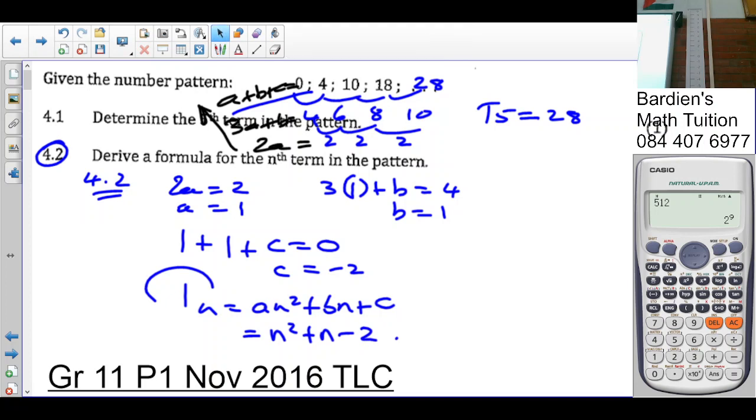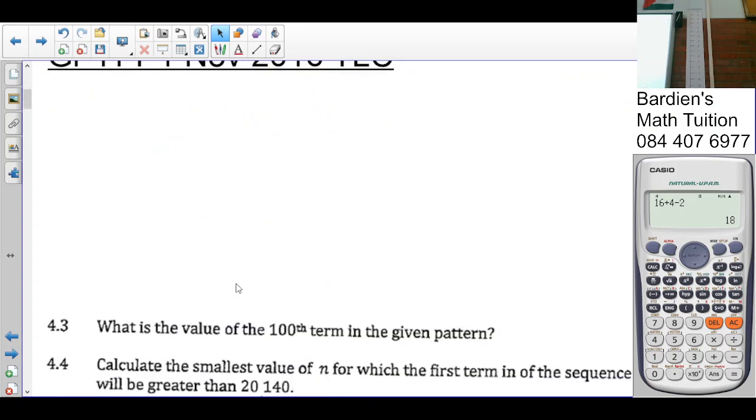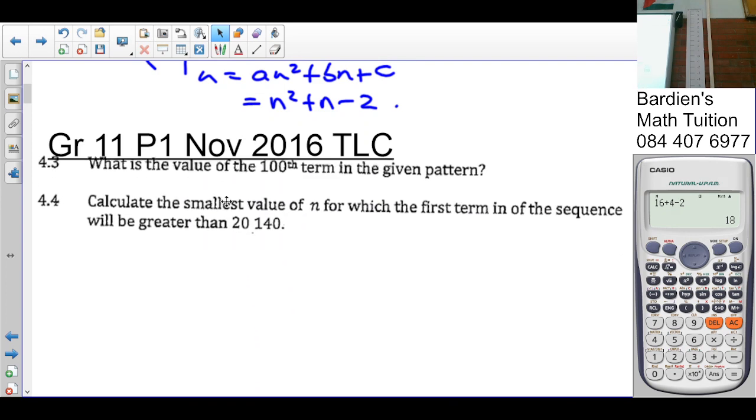And it's worth testing if it is correct. So if I test for term 4, 4 squared is 16, plus 4 is 20, minus 2 is 18, which makes the general formula correct. Okay, is it correct? Alright.